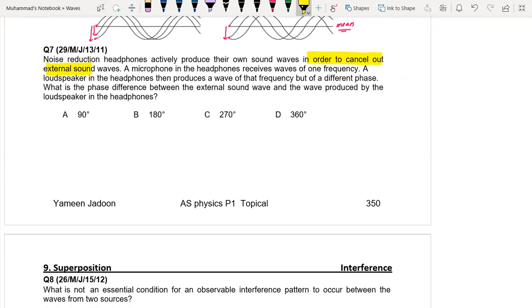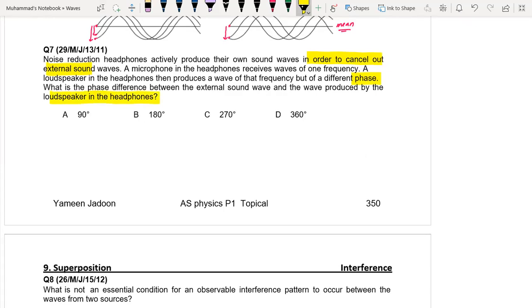A microphone in the headphones receives waves of any frequency. A loudspeaker in the headphones then produces a wave of that frequency but of a different phase. What is the phase difference between the external sound wave and the wave produced by the loudspeaker in the headphones?